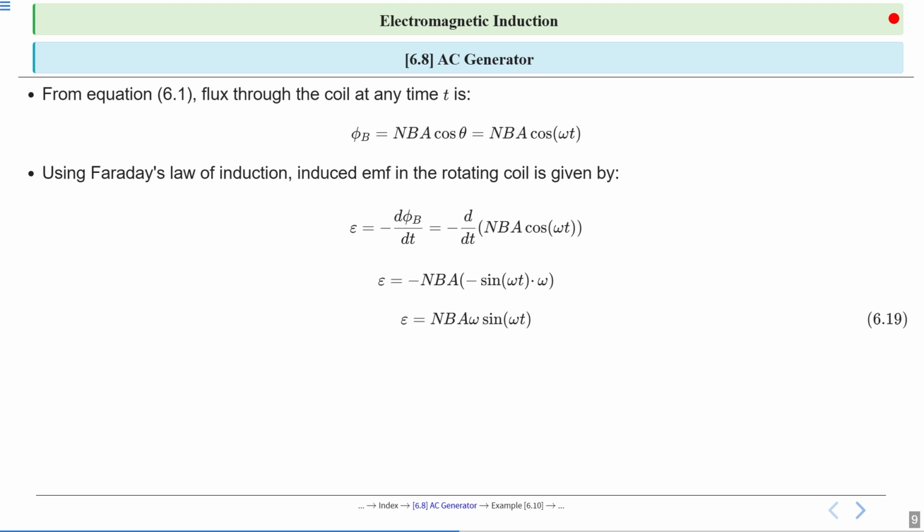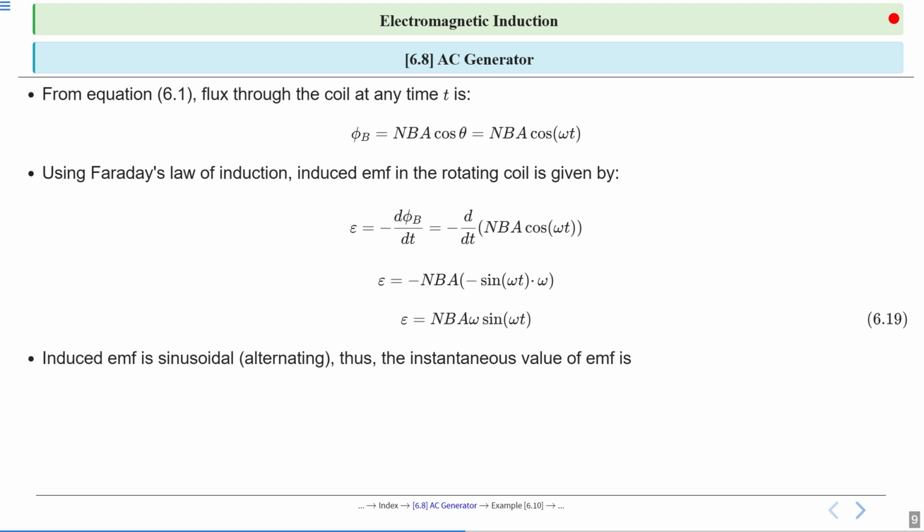So omega will be multiplied with minus sin omega t. One minus is in the expression and one minus came due to the differentiation, so minus minus cancel out. Epsilon is equal to NBA omega sin omega t. Mark it as equation 6.19.